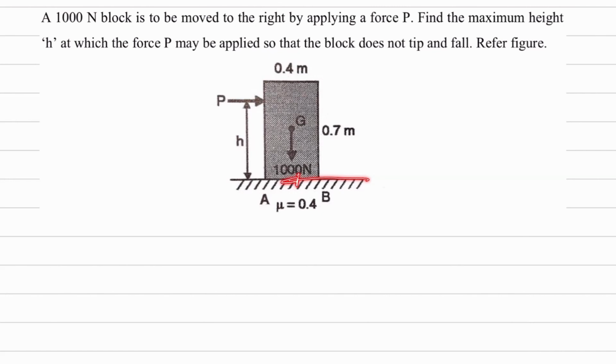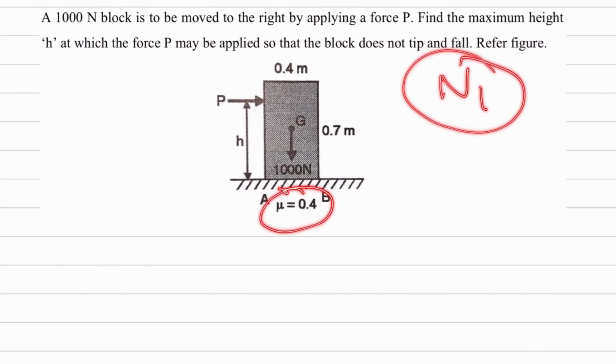From summation Fy equal to 0 we will get N1, and using that N1 and mu we will get friction force F1, which will be equal to 0.4 into N1.